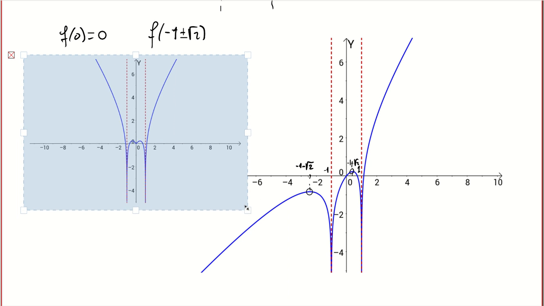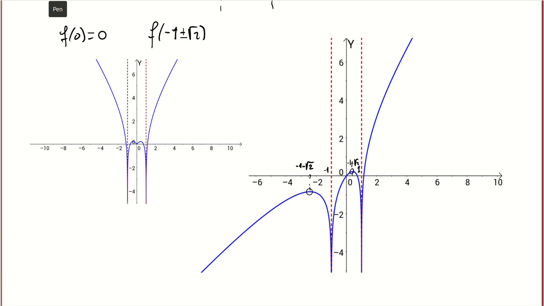So it's the same function, but the argument is replaced by the absolute value of the argument. So that means that in the positive side it is identical. So you can see here, right, that the function is identical to this one. But in the negative side, you have a copy, just a mirror image of what you have in the positive side. So exactly this, right?